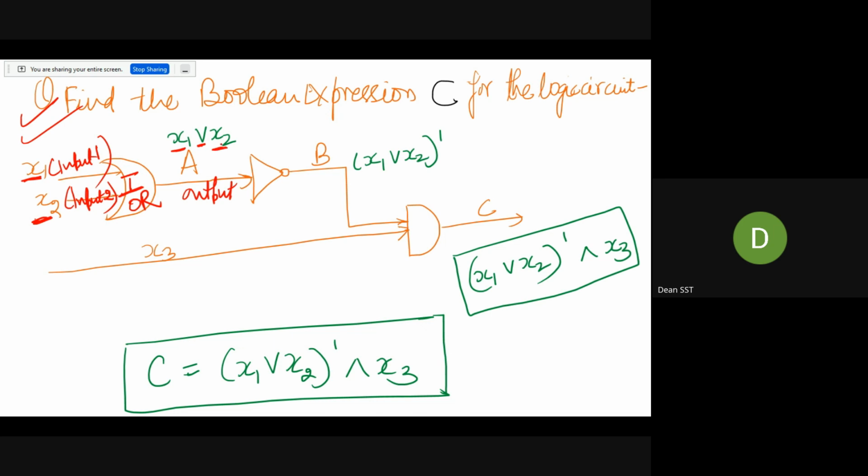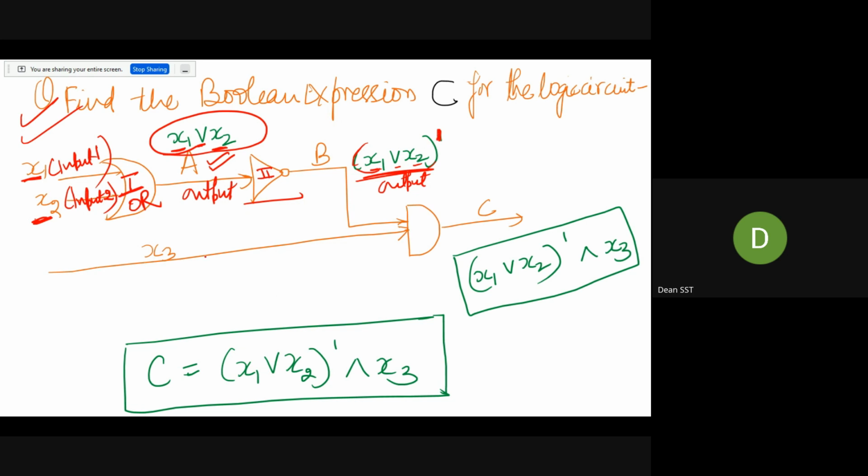Is it clear? Then we come to gate second. In gate second, negation is done, so here we have the output as a negation. This complement is negation. Whatever inputs we have passed, now these are being negated: the whole of X1 OR X2 is negated.